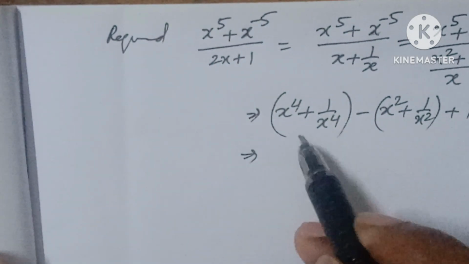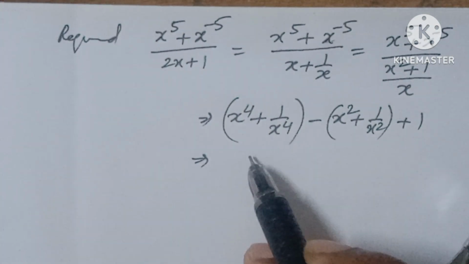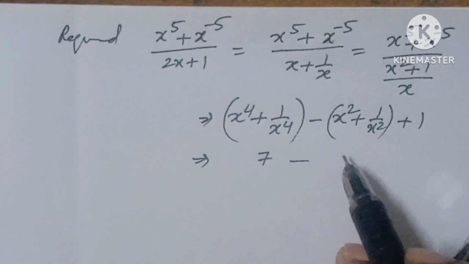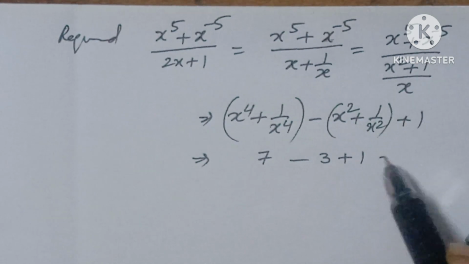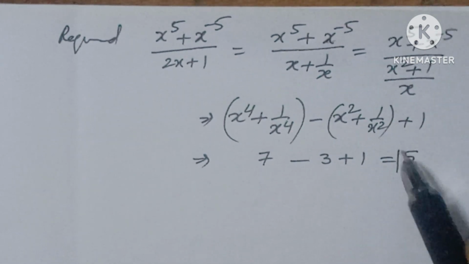So here x power 4 plus 1 by x power 4 value is 7. x square plus 1 by x square value is 3, plus 1. The answer is 8 minus 3, 5.